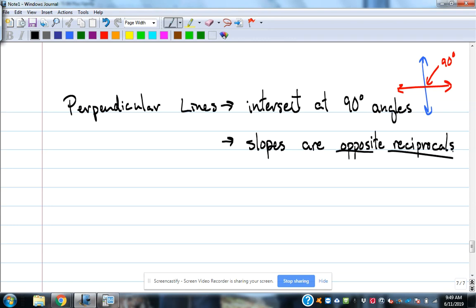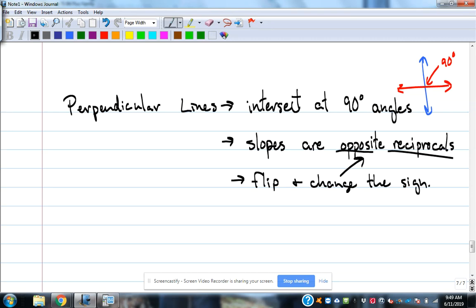Fancy words for flip and change the sign. Okay? Flip and change the sign. That's what opposite reciprocal means. Flip the slope over, change its sign. So if it's negative, flip it, make it positive. If it's positive, flip it, make it negative.